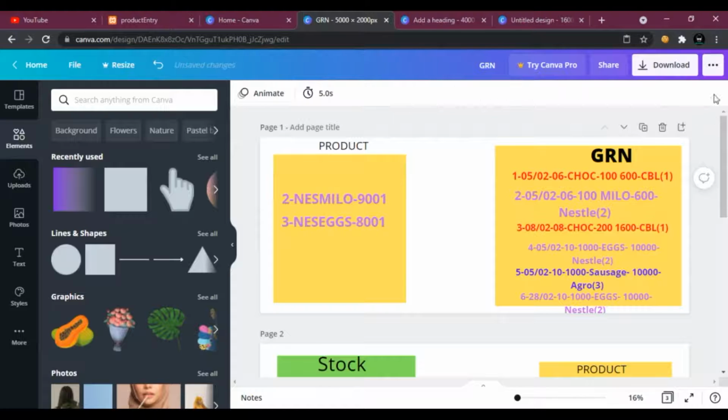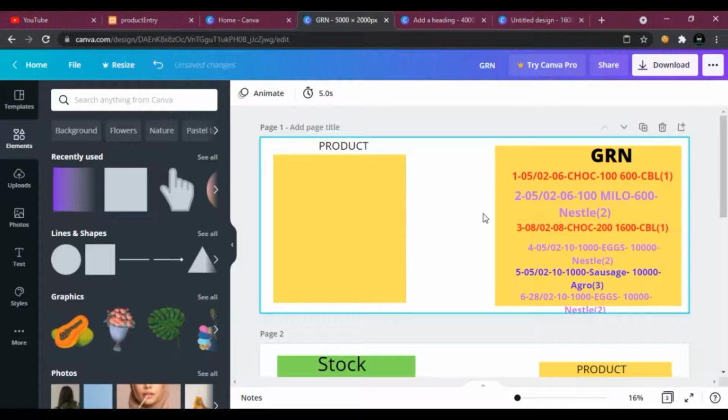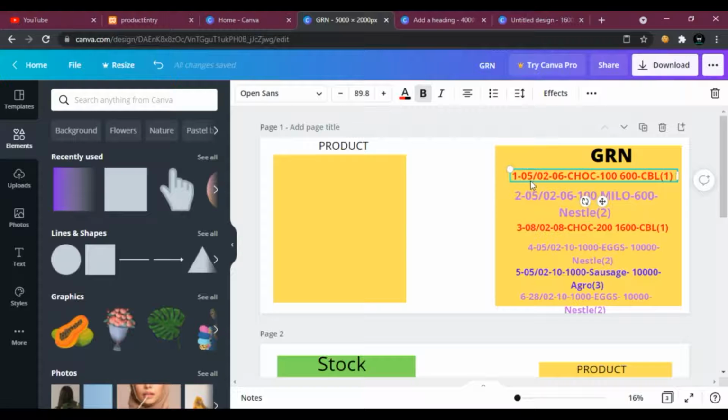The second one is to figure out the relationship between GRN and the product. You can see here, on the 5th of February, the shop owner got not just one product.